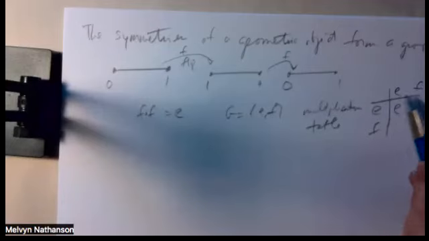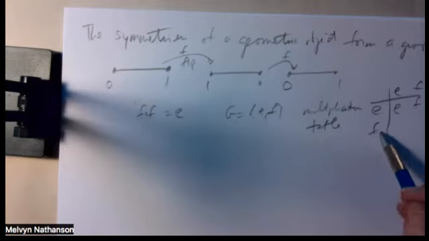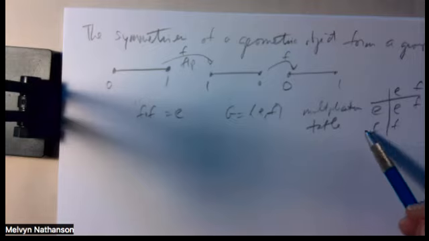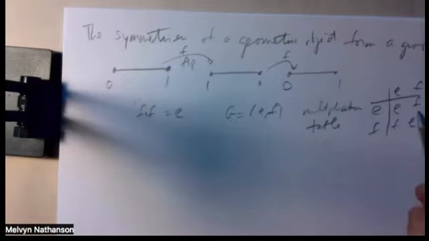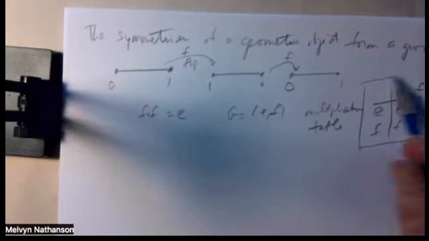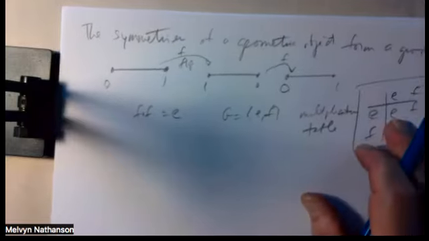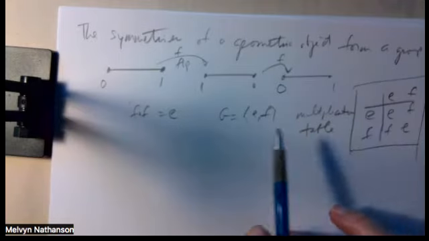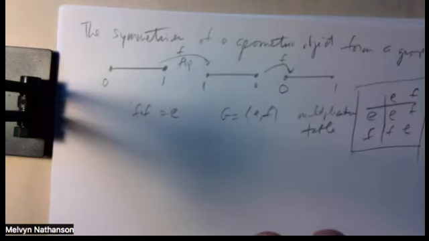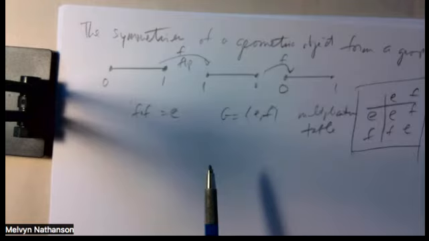A flip followed by the identity is just a flip, or the identity followed by a flip is a flip. But if you flip twice, you get back to the identity. So this is what we call the multiplication table for the group. Remember, a group is completely defined by how you multiply the elements, the binary operation. And here's the binary operation. So the symmetries of this line form a group with two elements.